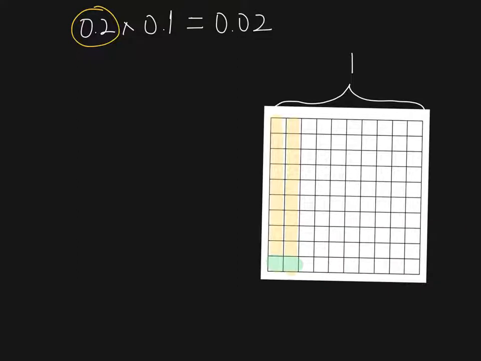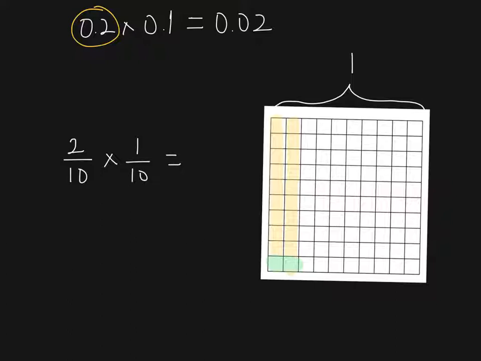And if I wanted to solve this problem by using the fractions, converting my decimals into fractions, 2/10 is written like this, and I want to multiply that times 1/10.